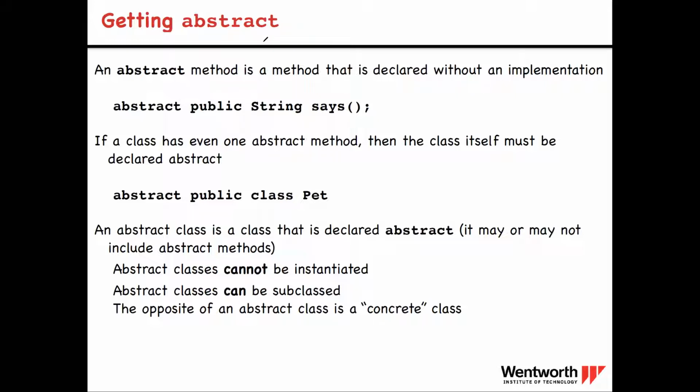Whenever we write a method, we would put public string says, and then curly brackets with whatever we wanted this method to do. For an abstract method, you still put the signature, you put abstract in front of it, and then you just put a semicolon. We're saying this method exists, but we're not going to fill it in. We'll leave that to a subclass.